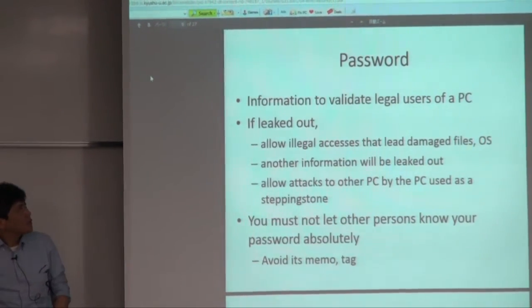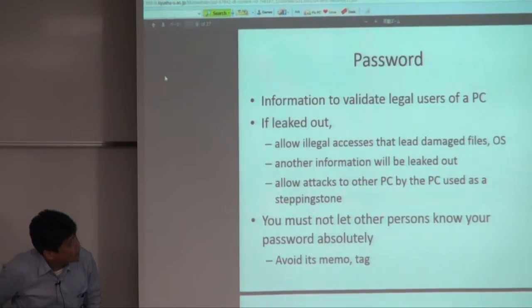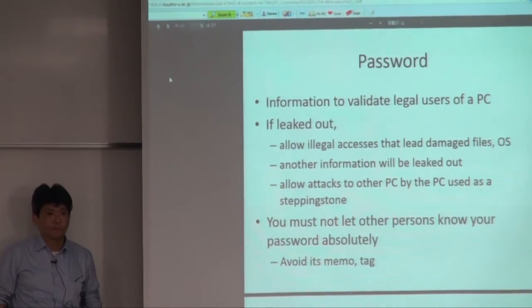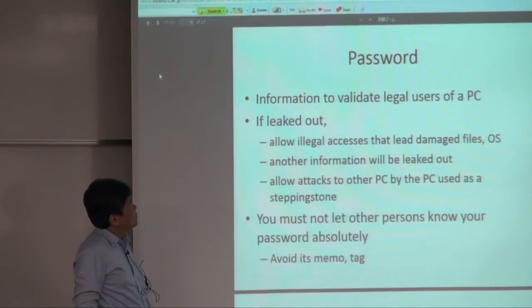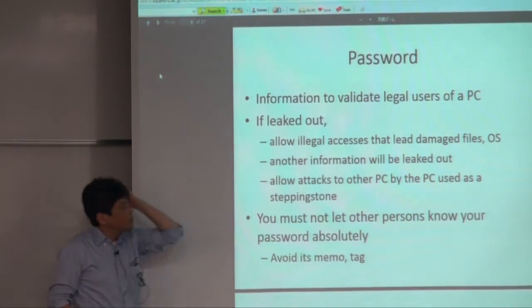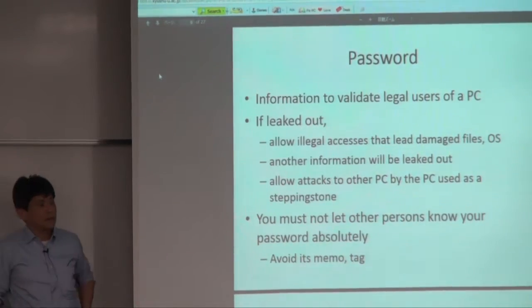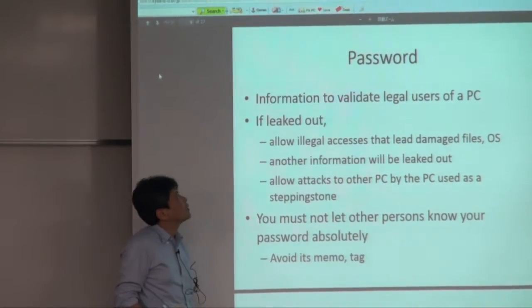And the next term is a very common term, password. Actually the meaning is information to validate the dedicated user, the corresponding user of the password.